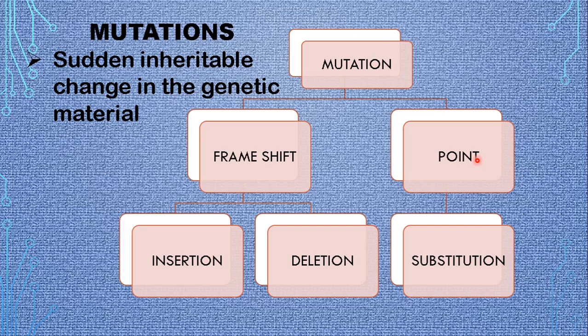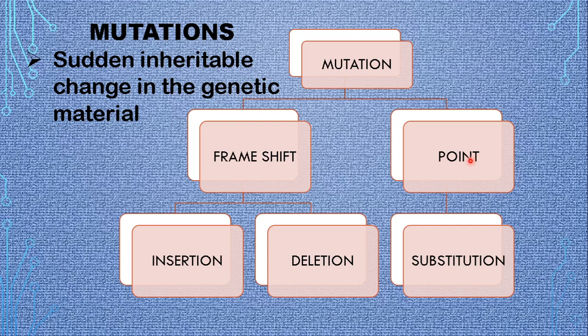It got substituted by another pair, GC. Accordingly, there will be a change in the expression of the bases present within it. Such mutations are referred to as point mutation or substitution mutation.